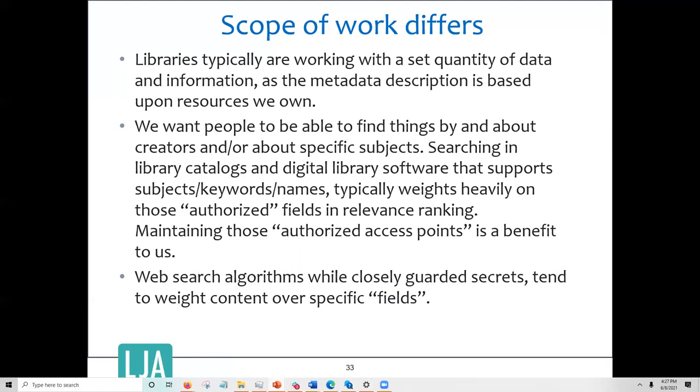So this would be where we would be linking to, say, Prince's Wikidata record, or if we're in a MARC record, we might be linking to the LC name authority file for Prince. Our systems give those a lot more weight in relevance ranking, so when people are searching, that's just naturally part of it.